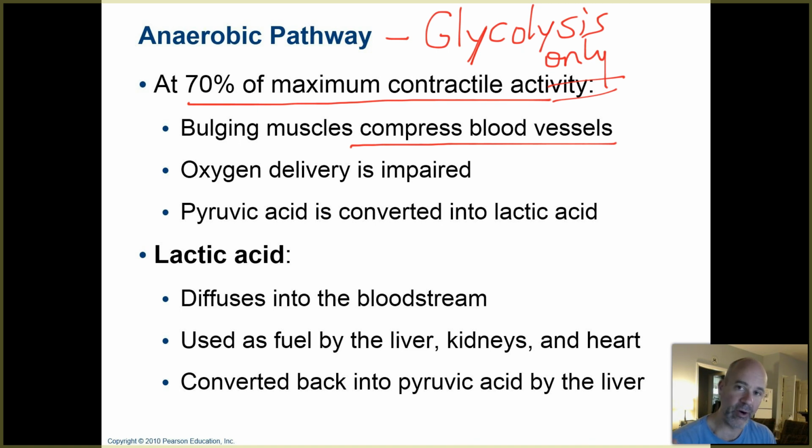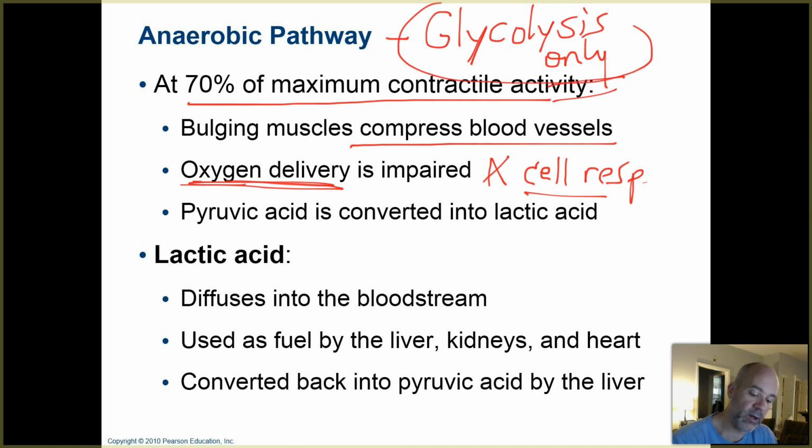Your blood vessels are what bring oxygen to your skeletal muscles. So guess what? That's going to limit your ability to do cellular respiration if you don't have oxygen gas. And so what happens instead is you run this anaerobic pathway. You do glycolysis only, so you're only getting 2 new ATPs per glucose.